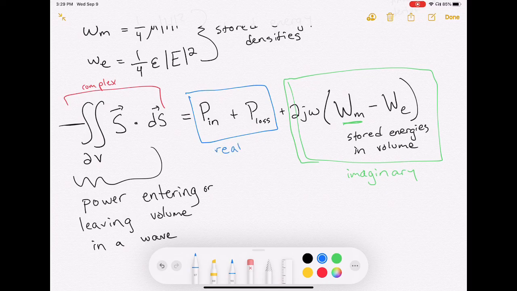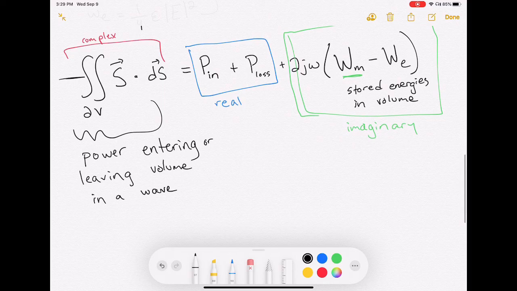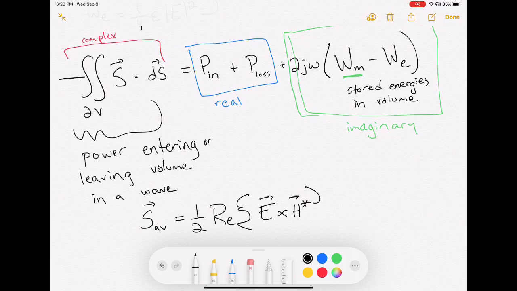So those are real powers, which means that if we're talking about the time average quantities, like the time average Poynting vector, which is just the real part of this complex Poynting vector, if we want to talk about the time average Poynting vector, which I'll write down again, is 1/2 the real part of E cross H star, which is just the real part of the complex Poynting vector.